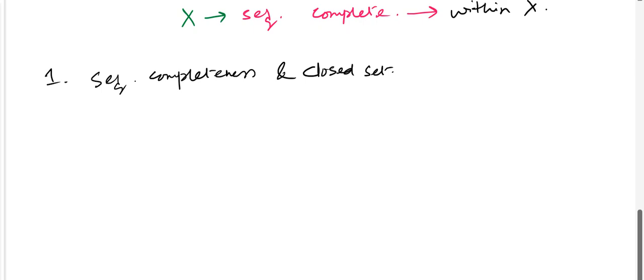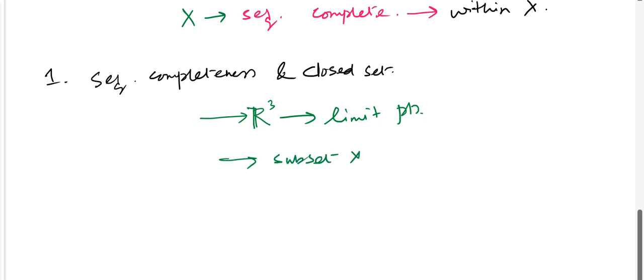A set is closed in a metric space like R cube if it contains its limit points. And for any Cauchy sequence in a subset X, the sequence converges to a point in X, then X must include the limit point, which is the definition of a closed set.